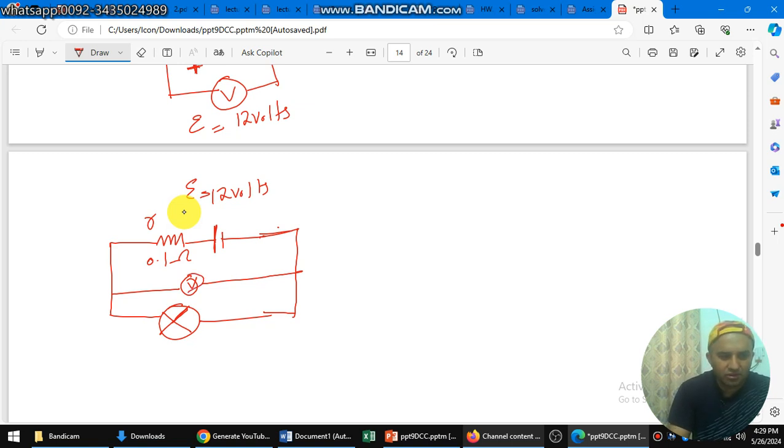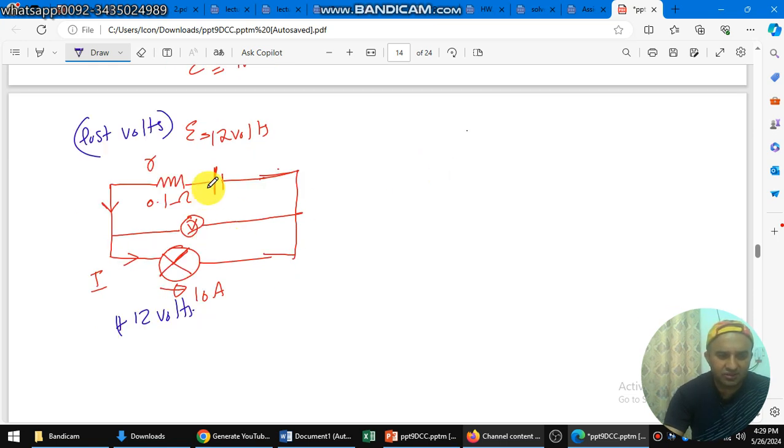Suppose that the current that flows through this bulb is 10 ampere. Now we can find the lost volts. How much potential is lost? Why is the potential across this not 12 volt?